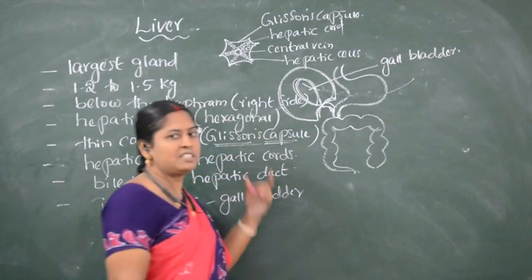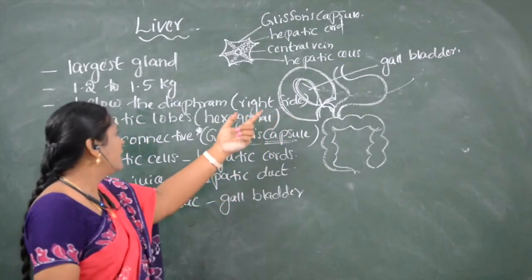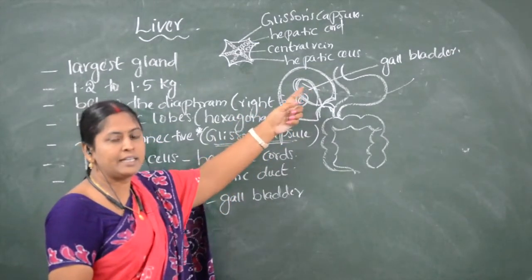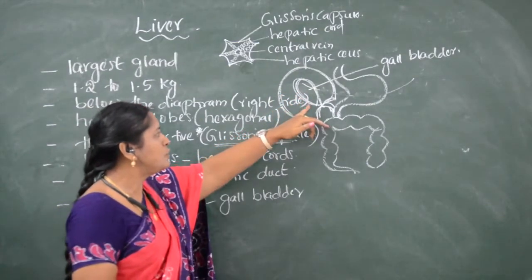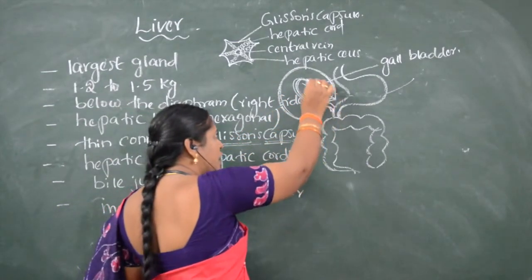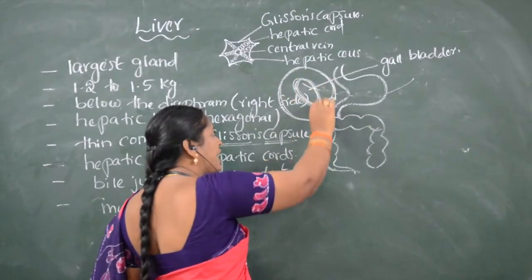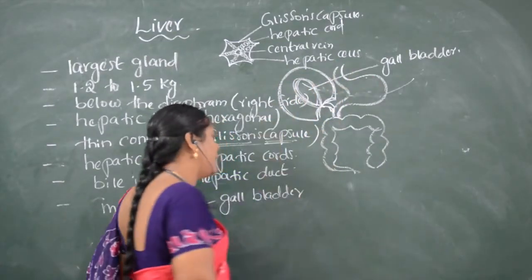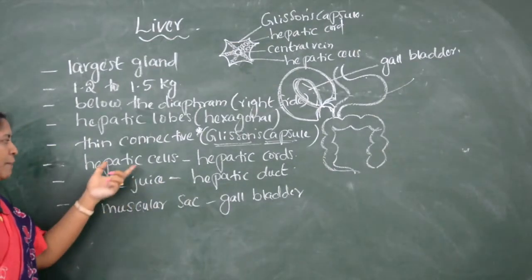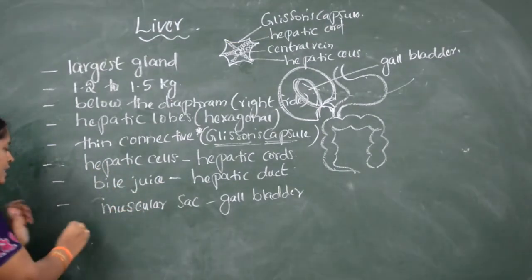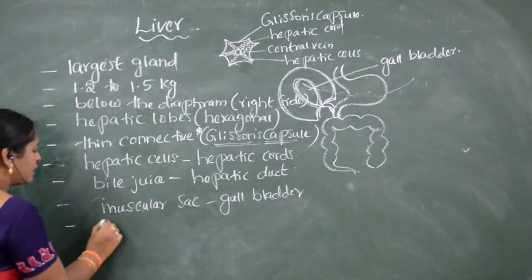The bile juice which is secreted by the hepatic cells of the liver is stored in this pear-shaped thin muscular sac called the gallbladder, where it is concentrated.